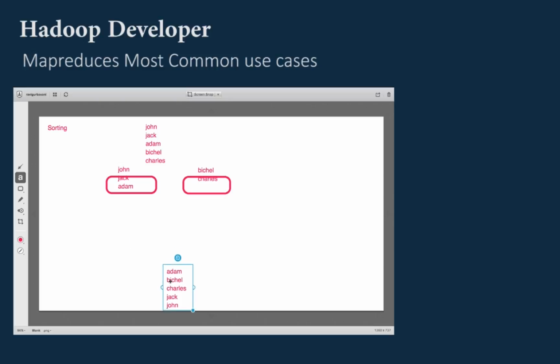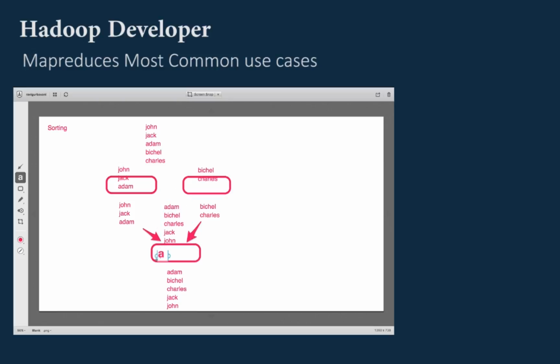Now, after the mapper, what we get is the same values, and it's during shuffle and sort that everything comes to the reducer automatically sorted.